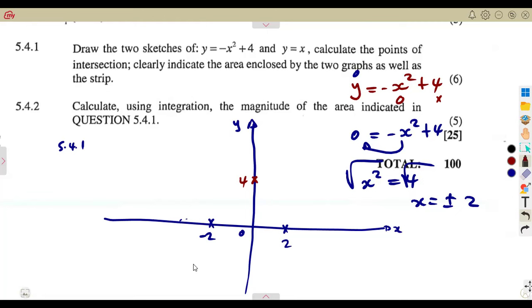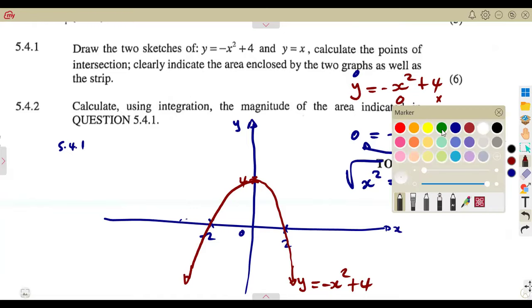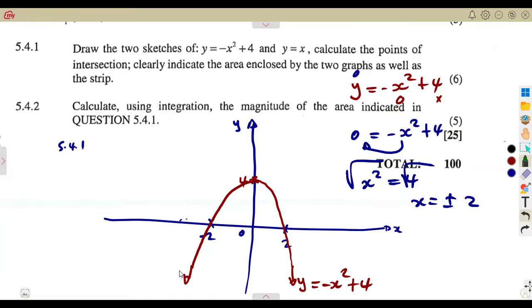So that is our function y is equal to minus x squared plus 4. Then a linear function y is equal to x. This one passes through the origin, dividing our graph into 2 equal parts. So that is the line of y is equal to x.